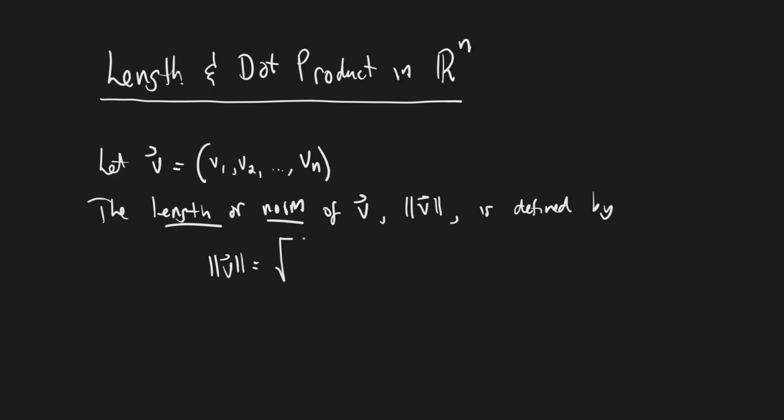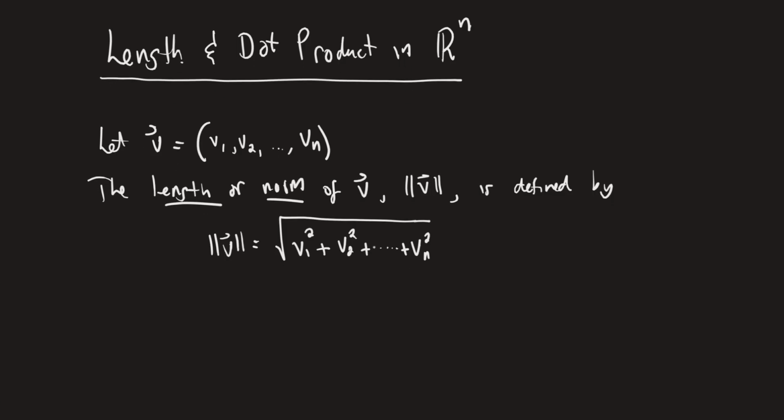There's going to be a square root involved, and all we do is take each component of our vector, no matter how many components we have, and square each of them. I'll do my dot, dot, dot, and then that calculation, and then add them together, and then take the square root of that. And that's how we compute the length. Again, this is a formula that you might recognize.